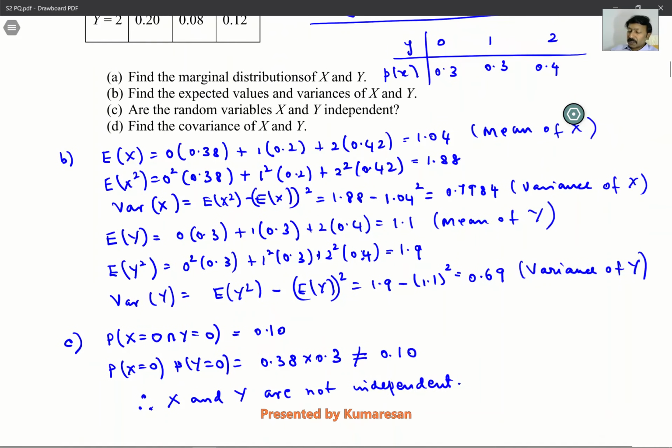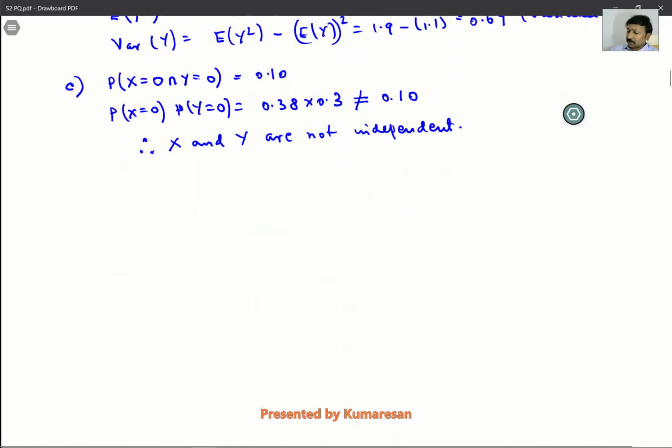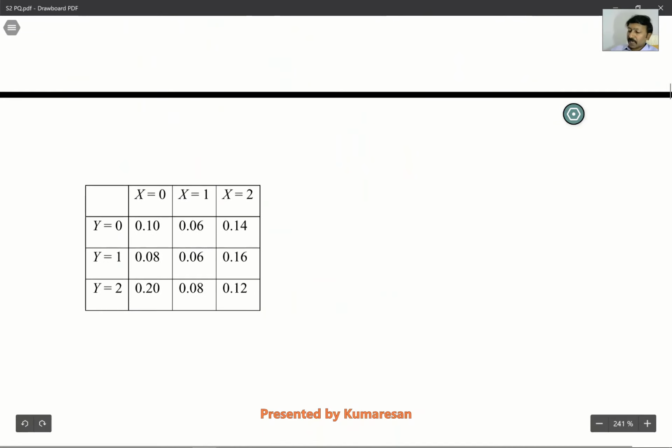The next question is to find the covariance. So I'm going to use this table to find the covariance. To find covariance, we need expected value of xy, because the formula to find the covariance is covariance of xy is equal to expected value of xy minus E of x, we already found that, times E of y, we have found it.